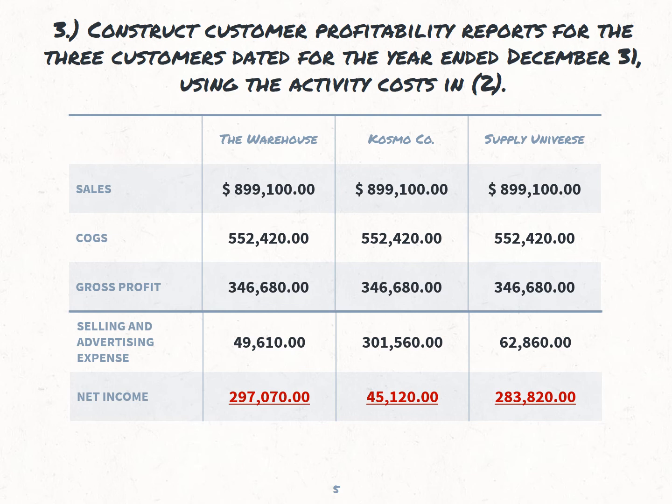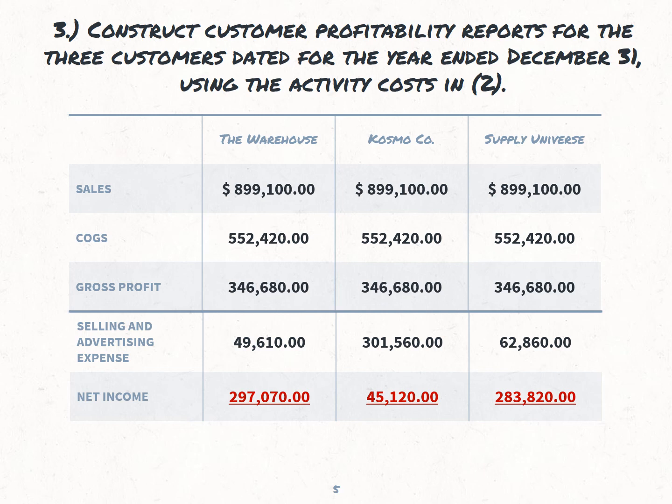Now, with the calculated selling and advertising expense on the activity cost in requirement number 2, we will now deduct it from the gross profit so that we can come up with the net income. So, for the Warehouse, we have $346,680 deducted with $49,610, we have a net income of $297,070.